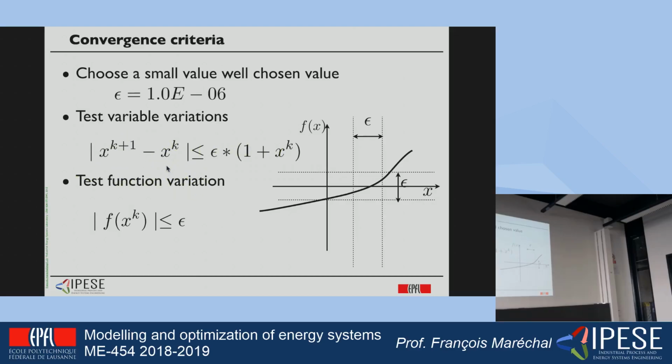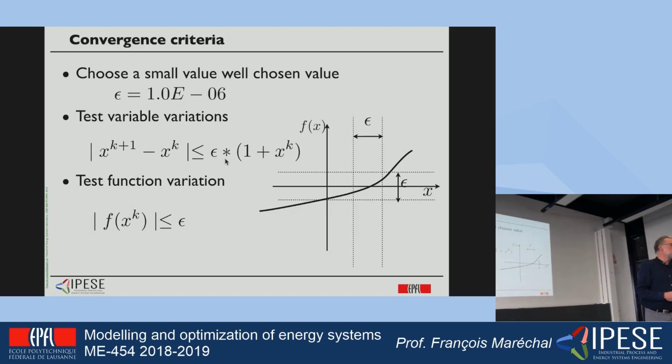Okay? So it means that I'm going to verify that the x is still not varying. Okay? I'm using the same epsilon, and typically I'm going to assess this because I do not know what the value of x is, so it might be very big or very small.